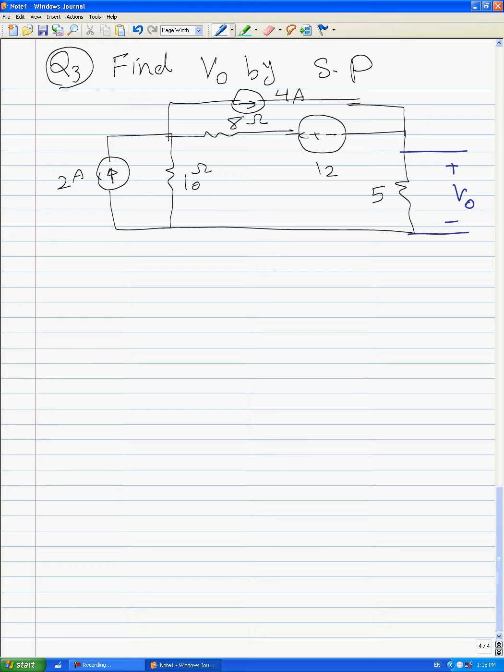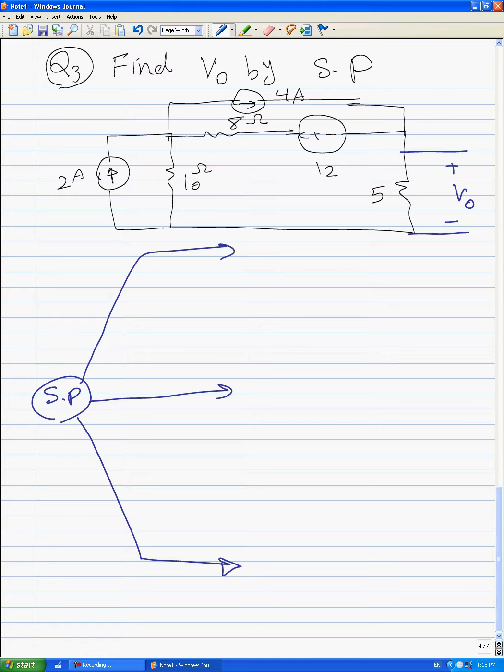That's why the superposition technique generates 3 sub-circuits.